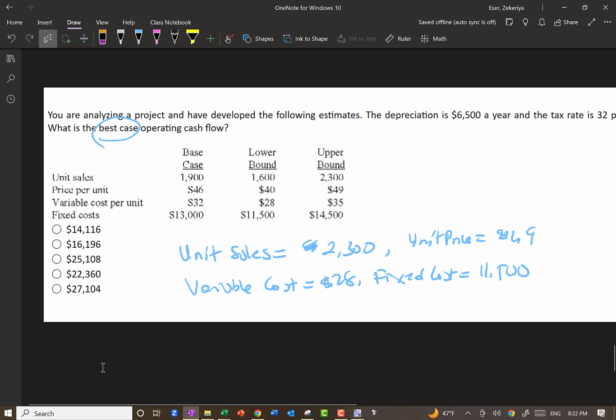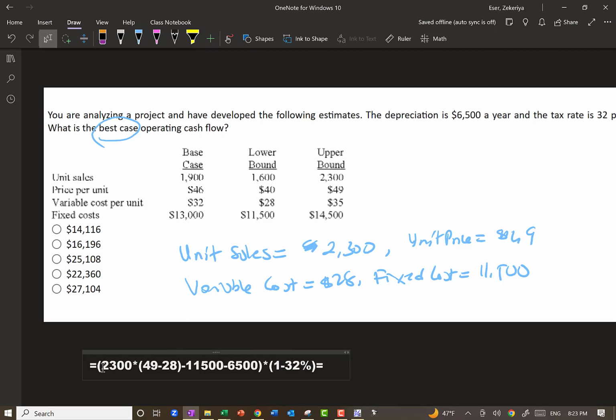And I'm just going to quickly do that. 2,300 times 49 minus 28. Minus the fixed cost 11.5, minus the depreciation 6.5, times 1 minus 32%.